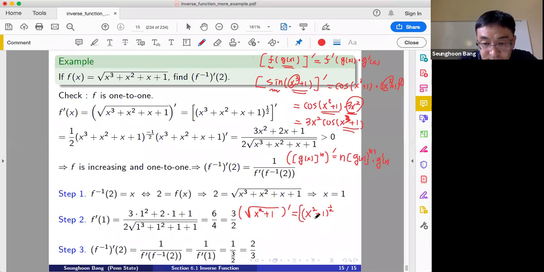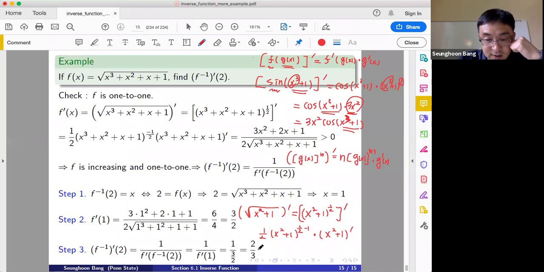So here, the 1/2 comes down, times x squared plus 1 to the power 1/2 minus 1, times the inner function x squared plus 1 prime.